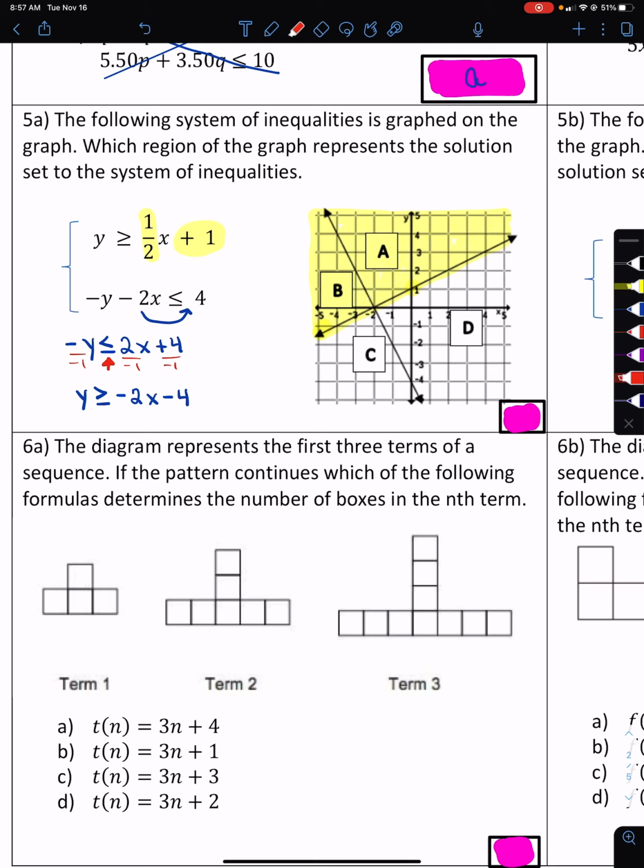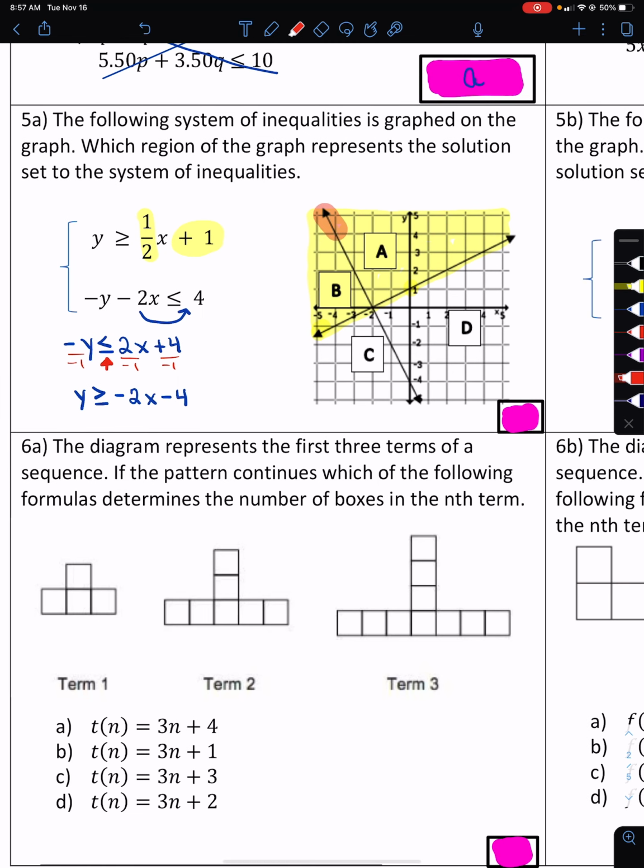Okay. All right, so our second equation starts at negative 4, and it would have a negative slope of 2/1. And in that case, we are going to be shading y is greater than.